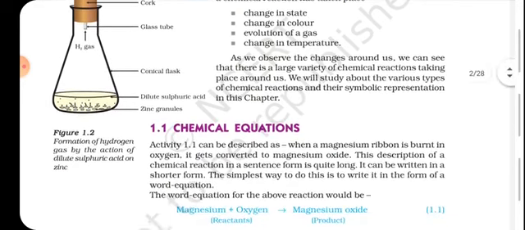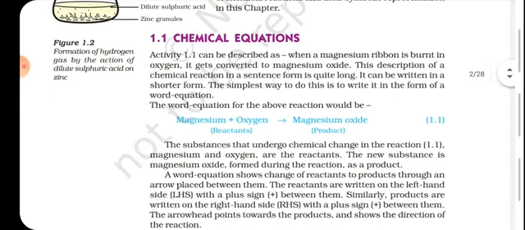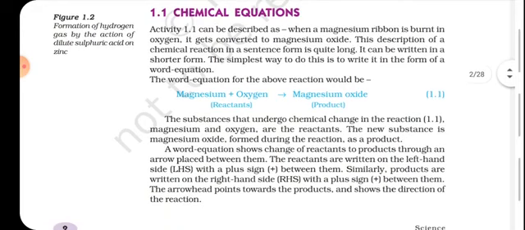As we have observed the changes around us, we can see that there is a large variety of chemical reactions taking place. We will study the various types of chemical reactions and their symbolic representations. First of all, let us start with chemical equations. What are chemical equations?